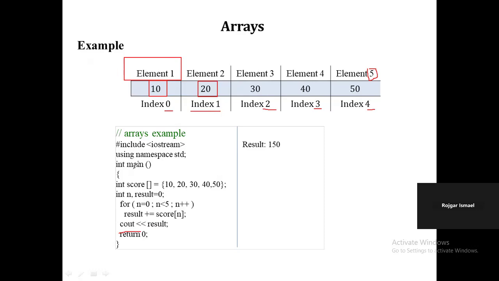If you're looking at this example, you are familiar with it at the beginning. Here we started with the array, integer scores. It means, let us say, the marks. Then in this example, I haven't mentioned the size of the array.